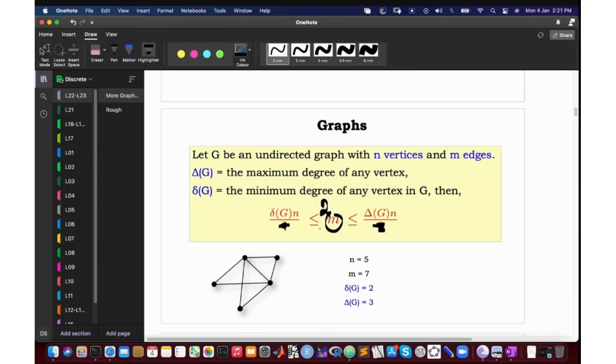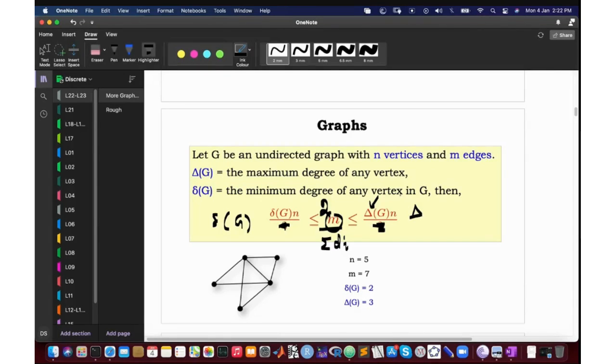So 2 times the number of edges, which we know is the sum of the degrees, is at least n times the minimum degree and at most n times the maximum degree. We denote the minimum degree by small delta and the maximum degree by large delta.